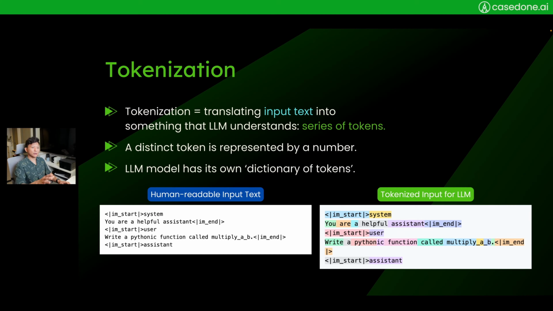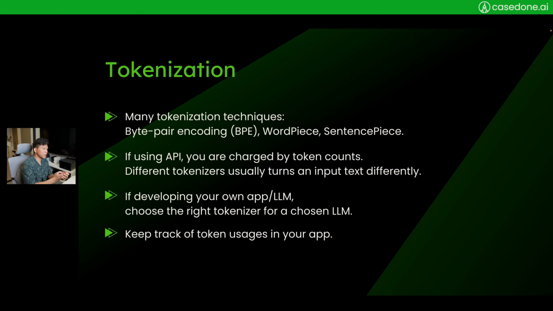I'm going to show you how this works in a few minutes, but I want to talk about why this is important. There are many tokenization techniques like byte pair encoding, or BPE, which is very commonly used these days. It's very high performance, but other techniques exist in natural language processing like WordPiece or SentencePiece.